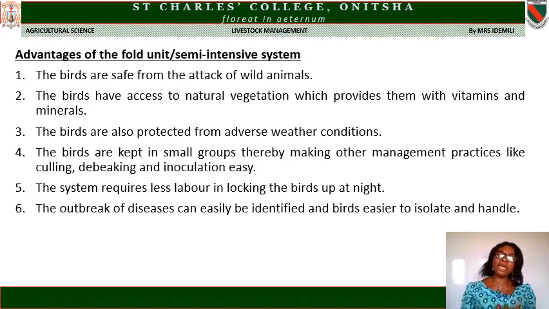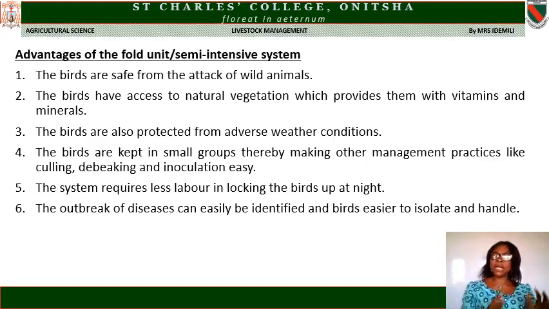Advantages of the semi-intensive system or the fold unit system. 1. The birds are safe from the attack of wild animals. 2. The birds have access to natural vegetation, which provides them with vitamins and minerals. 3. The birds are also protected from adverse weather conditions. 4.